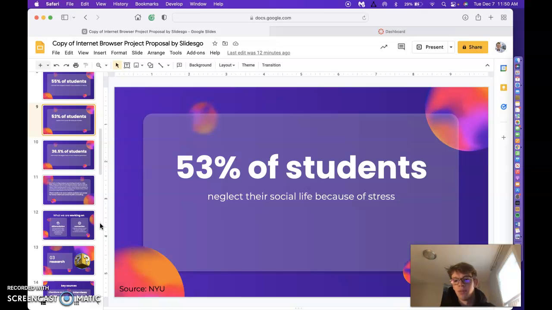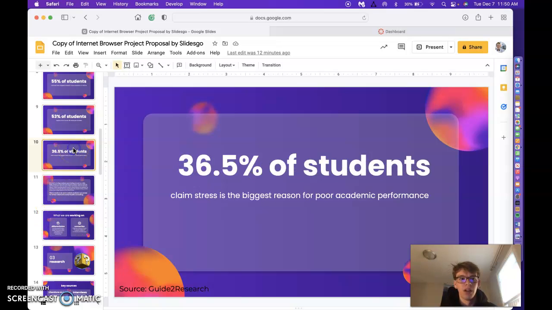Source is also NYU, but this shows how your social life can be impacted and how stressors can prevent you from even accessing things that you know will make the issue better because you're so stressed about either academics or have social anxiety, something of that sort.